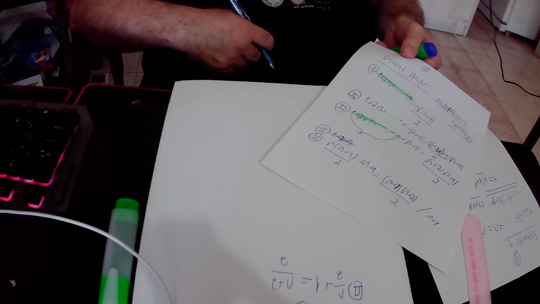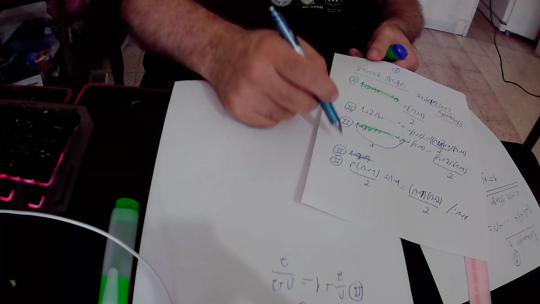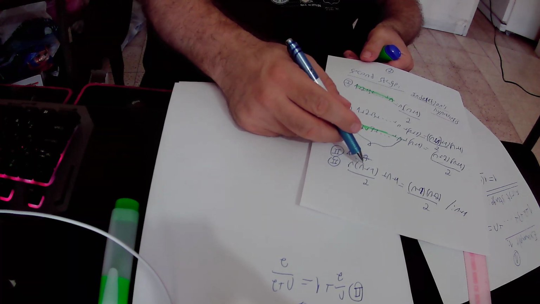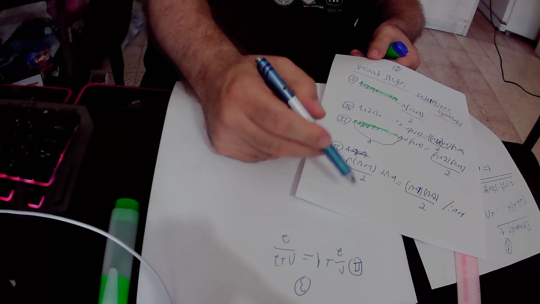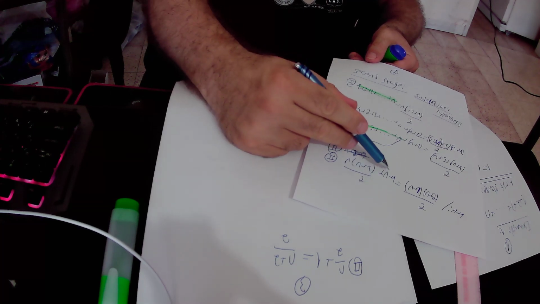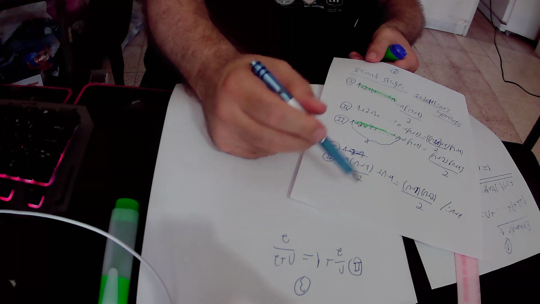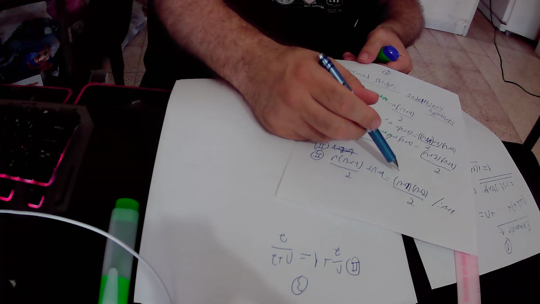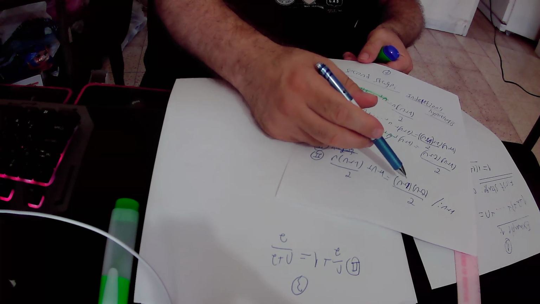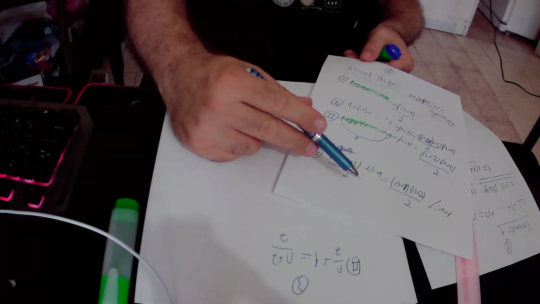So as you can see here, n times n plus 1 divided by n plus 1 is n, we divide it by 2, n plus 1 divided by n plus 1 is 1 equals to n plus 1 times n plus 2 divided by n plus 1 is n plus 2 and we divide it by 2.